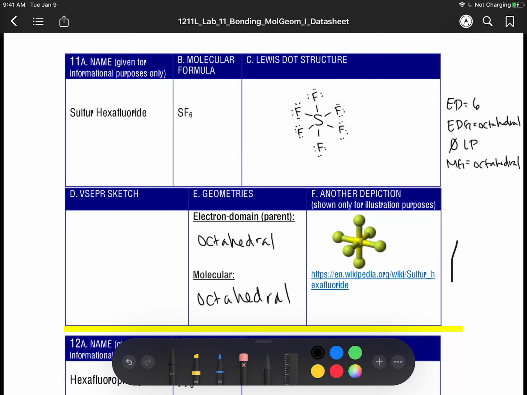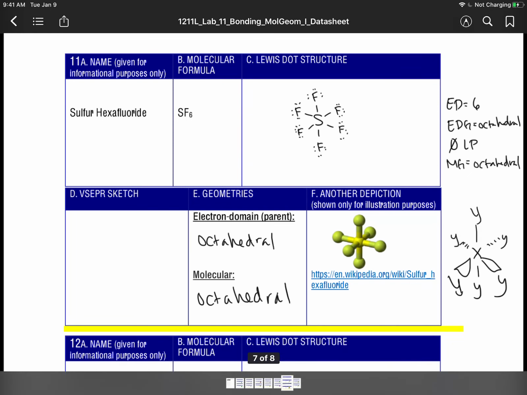So when we're drawing an octahedral geometry, we're going to have our central atom. We're going to put an atom above and below, like so. Then we're going to have 2 on wedges, 2 on dashes. So that's one way of drawing octahedral.